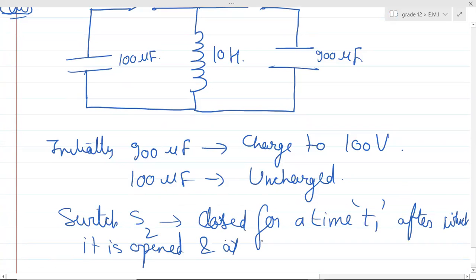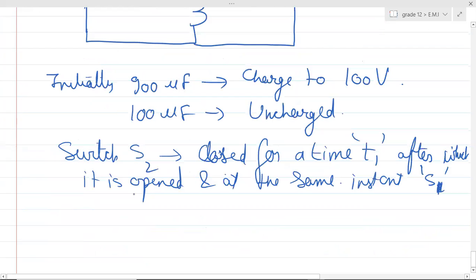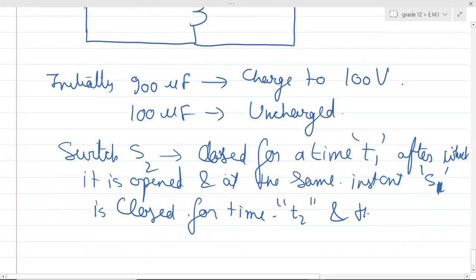And at the same instant, S1 is closed. जिस instant पे we opened S2, at that same instant S1 is closed. And we kept it closed for a further time T2. Okay. And then opened.